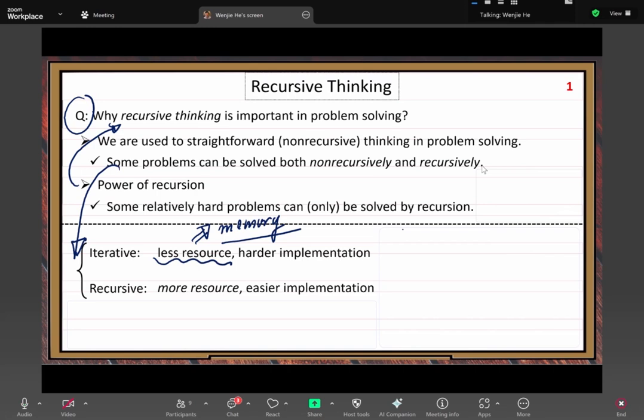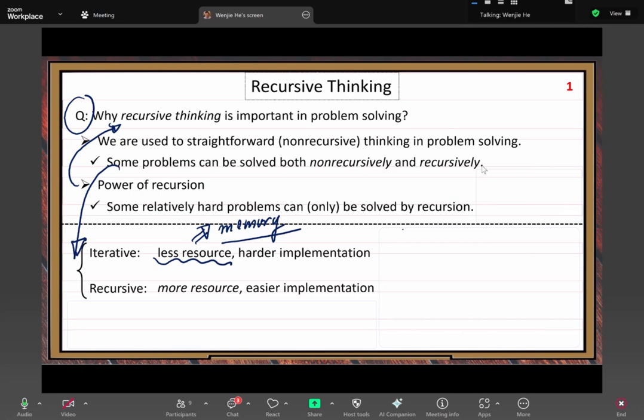The recent modern high-level programming languages all support recursion because it is so powerful. But now we need to understand how the programming language supports recursion. The idea is actually very simple.